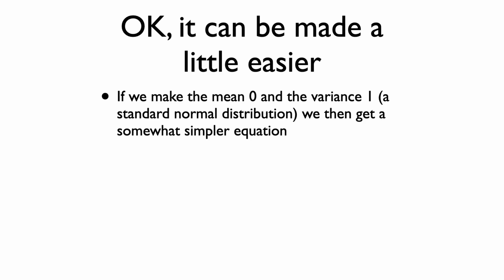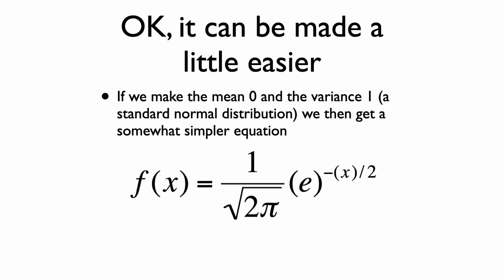It's going to make life a little bit easier. In fact, that function is not a fun one to take an integral of either, but it's easier. So now this is really simplified. All the sigmas and the mu's are gone because we've replaced them with a 0 and a 1. Okay, that's great.